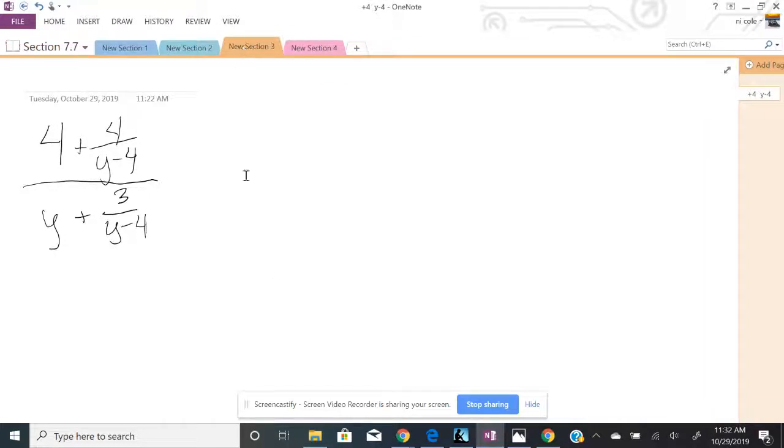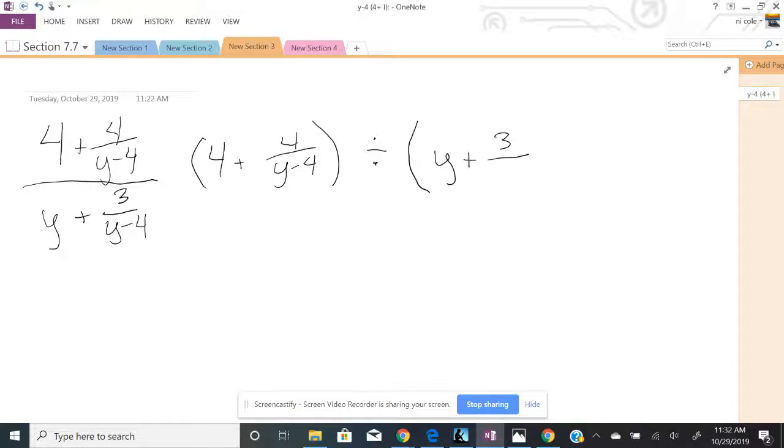And then we get on to something that looks like this. So the first thing I need to do is I'm going to write it like this. So I've got 4 plus 4 over y minus 4 divided by parentheses y plus 3 over y minus 4.